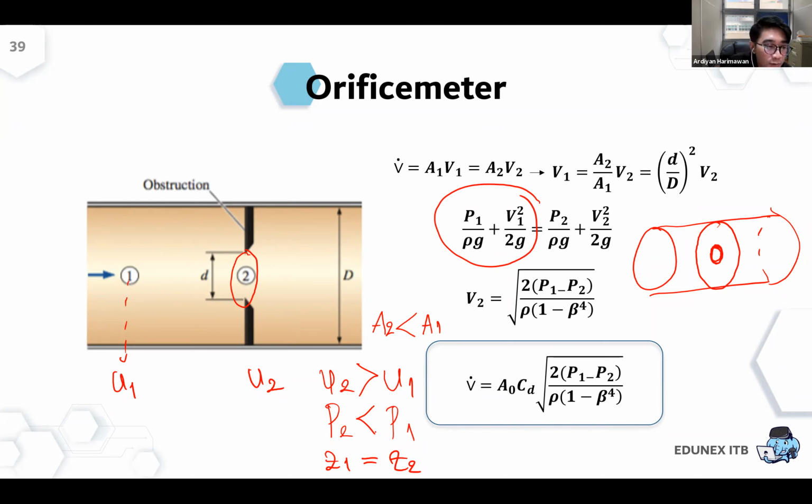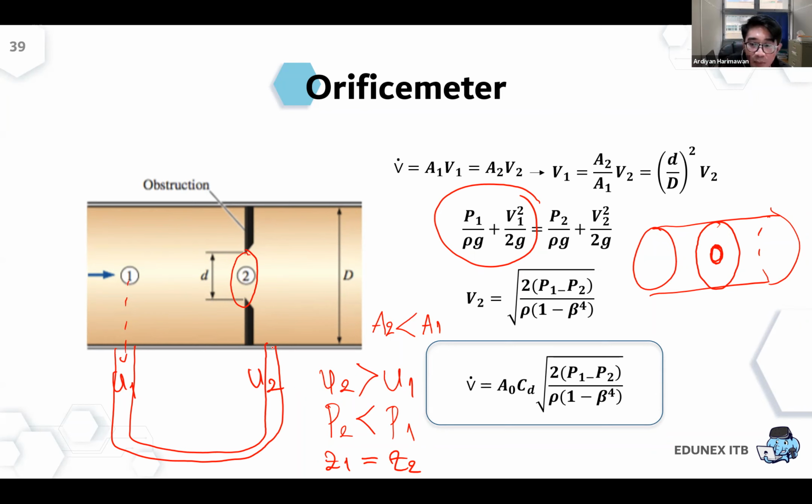Okay. So the pressure is decreased. It means you have different pressure between point 1 and point 2. Then how to calculate the pressure difference? Actually the same. You can install the manometers. The legs of the manometer should be connected to each point where there is a pressure difference.